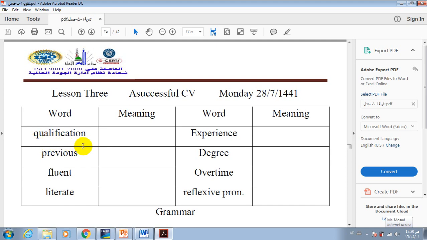Qualification, previous, fluent, literate, experience, degree, overtime, reflexive pronoun. This is a short form of the word pronoun. Okay, let's go to the grammar.